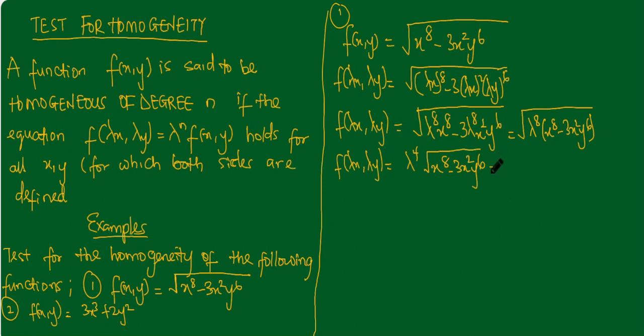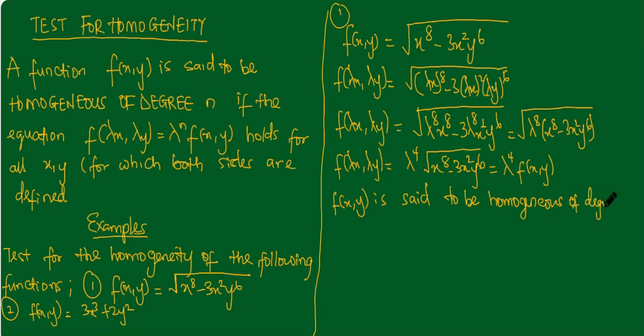So this becomes lambda raised to the power 4 multiplied by f(x, y), and this f(x, y) is said to be homogeneous of degree 4.